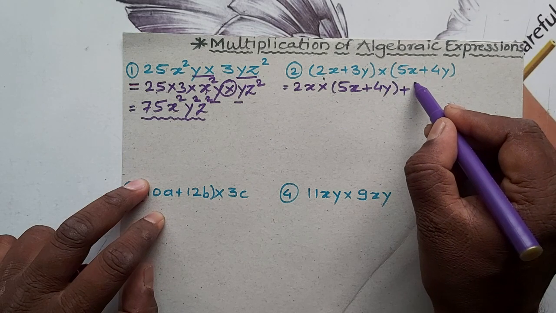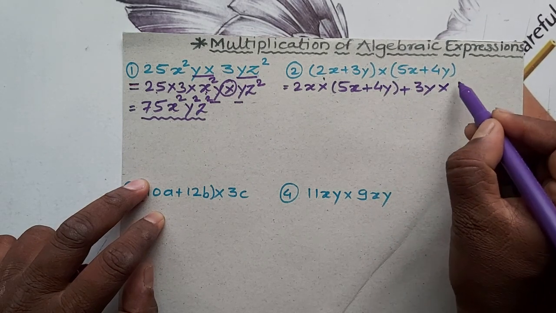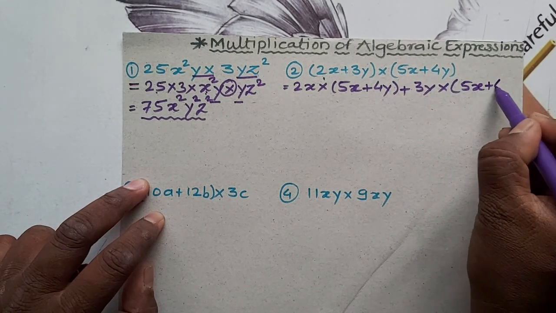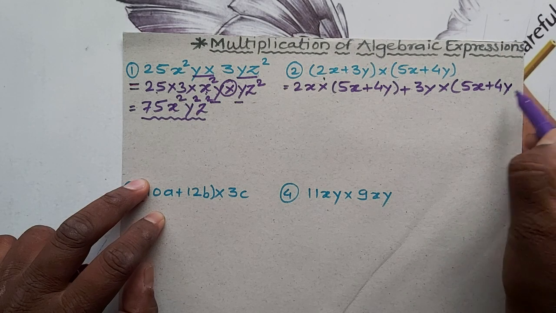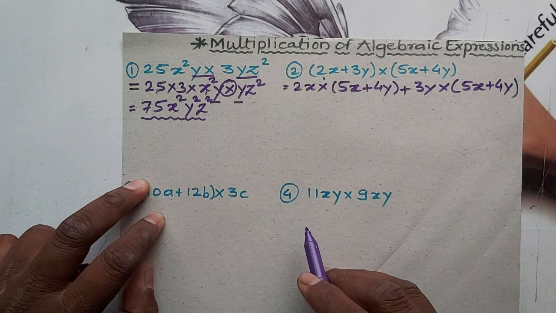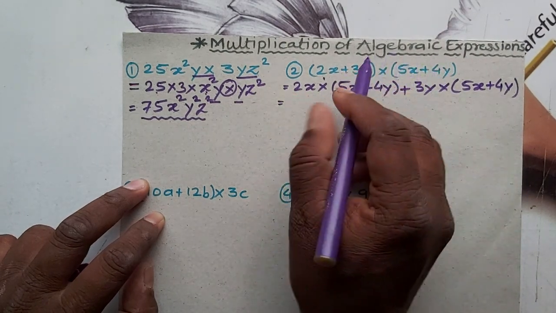Now this is equal to 3y multiplied again by 5x plus 4y. Okay, now students, we have to write this in whole brackets.